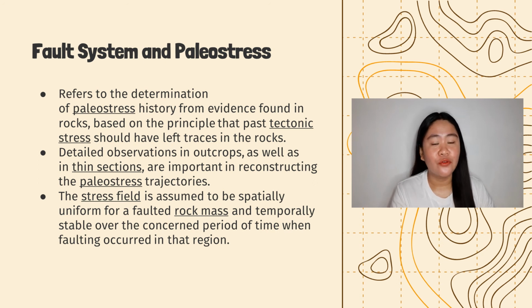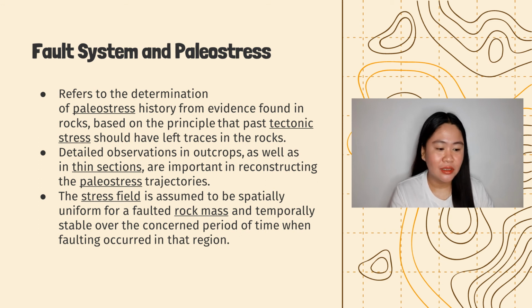Deformation ranges from microscopic to regional scale and from brittle to ductile behavior, depending on the rheology of the rock, orientation and magnitude of the stress, etc. Therefore, detailed observation in outcrops as well as in thin sections are important in reconstructing the paleostress trajectories.